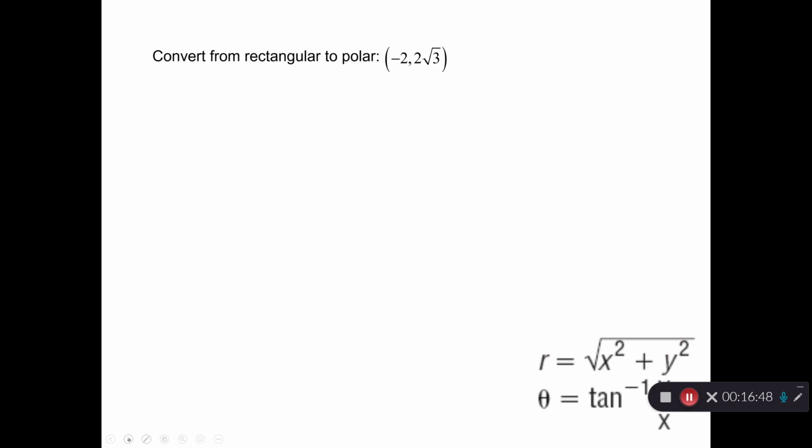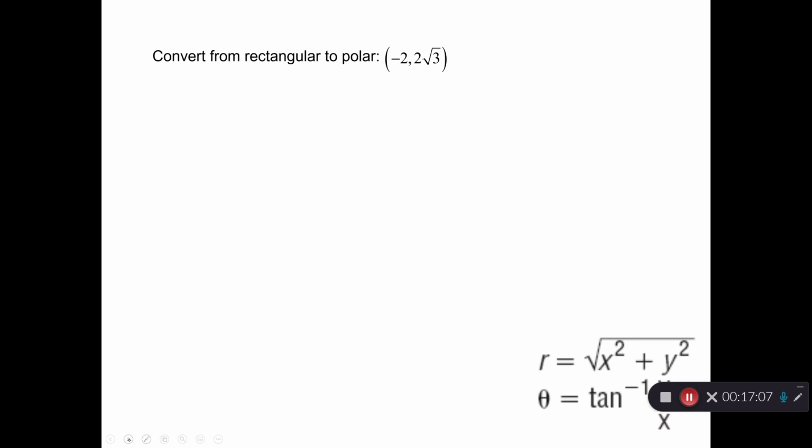Okay, so here is one more. I want to talk about this one because, again, we have to use our conversion equations. Now, I put the conversion equations at the bottom, so I'm not going to rewrite them.